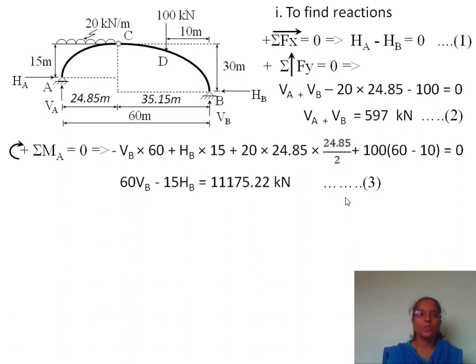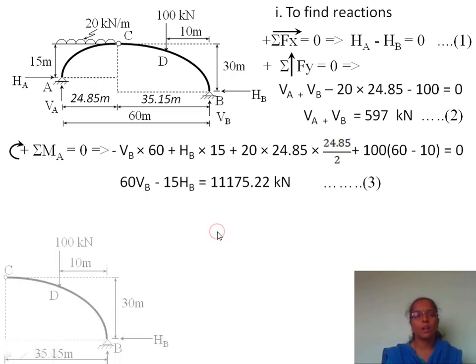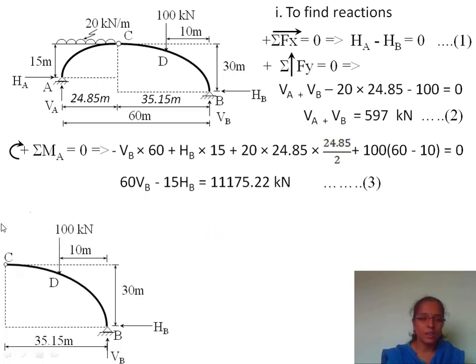Next, we need another condition, that is bending moment at C is equal to 0. As equation 3 is in terms of VB and HB, we will consider the right part in this case, as shown in the figure. Now we apply bending moment at C with the right part and equate it to 0.